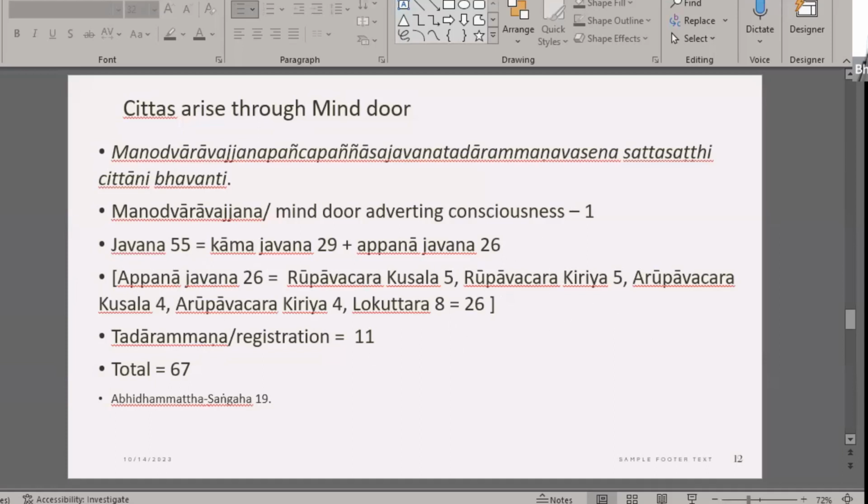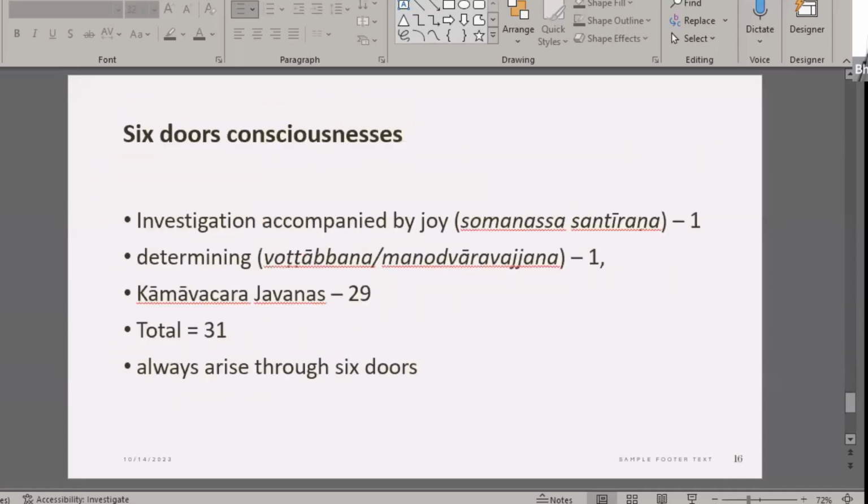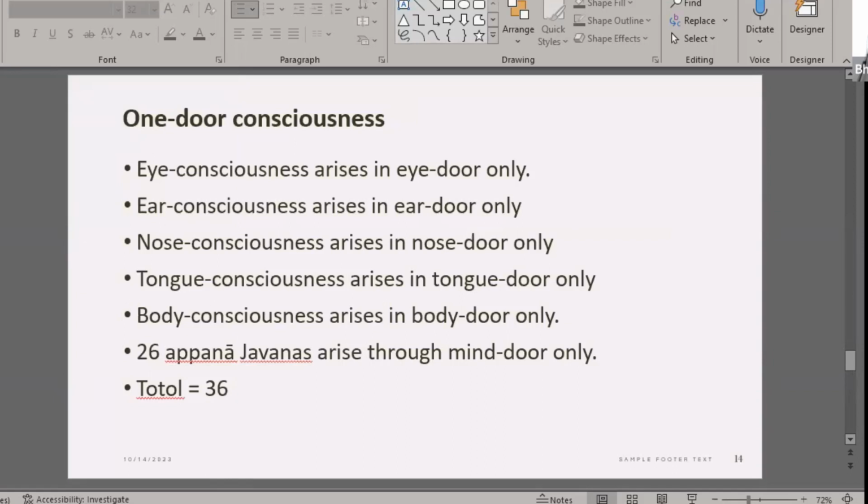These 26 appana javanas arise only in the mind. Here, 26 plus 10, how many altogether? 36. So 36 chittas arise in only one door: eye door 2, ear door 2, nose door 2, tongue door 2, body door 2, mind door 26. We call them one door consciousness, or ekadvarika chitta in Pali.